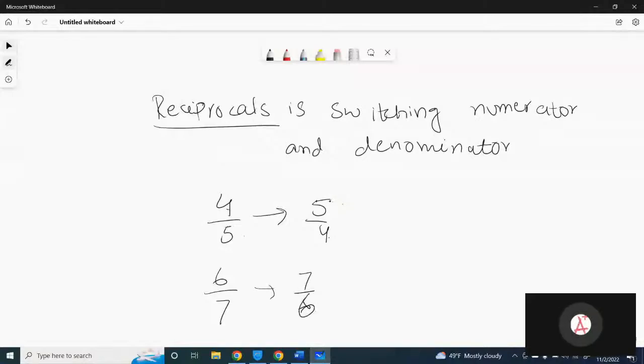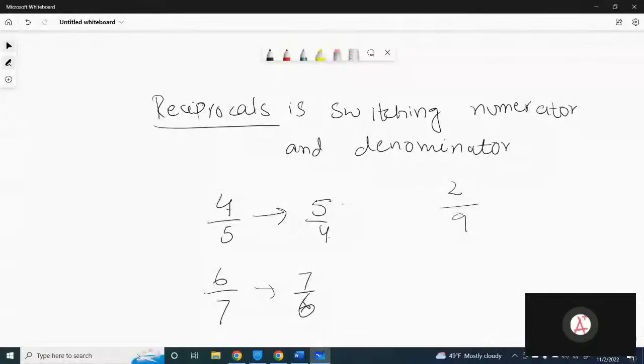Got it? Okay, the next one is, yes, very good. It would be 9 over 6, not 6 over 9. You just have to interchange both the values.